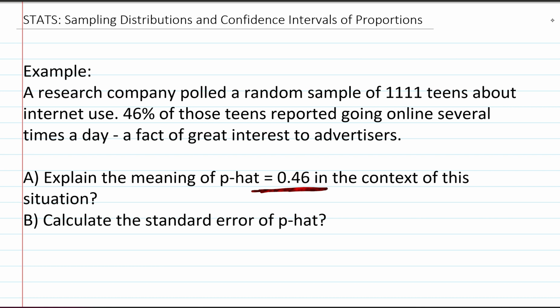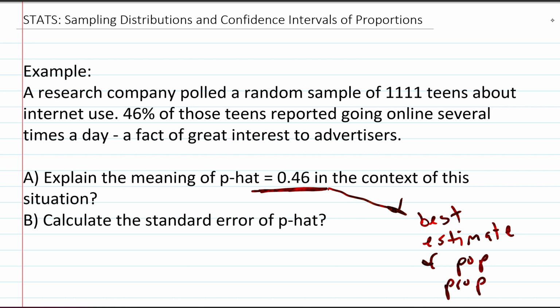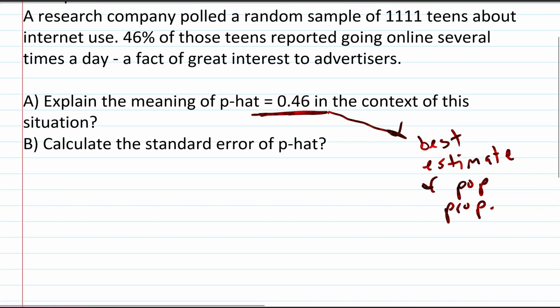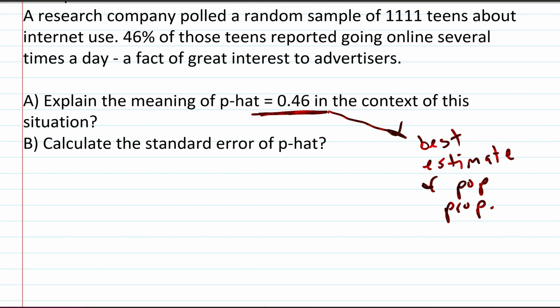So the sample proportion of p hat, for us, this is the best estimate of our population proportion. So now we're going to use that information to go ahead and calculate the standard error of p hat.